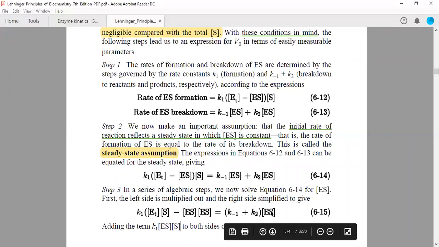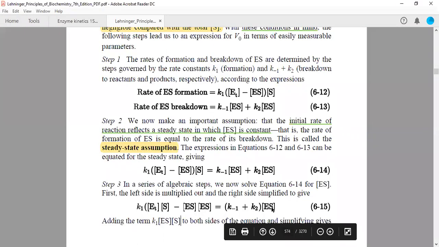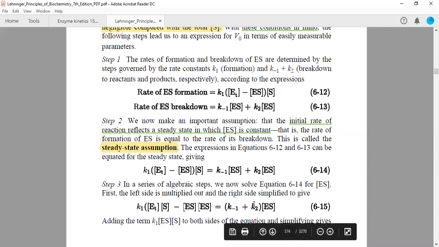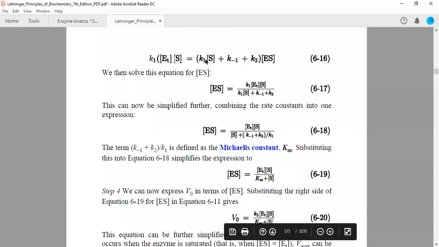So this will become in this bracket: the enzyme substrate complex, multiplied by K1 into substrate concentration plus K minus 1 plus K2. You need to close this bracket actually.